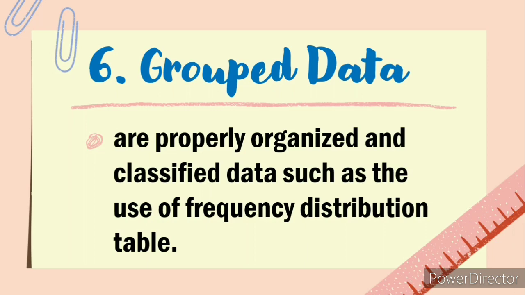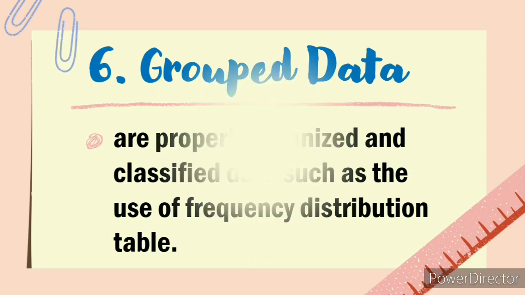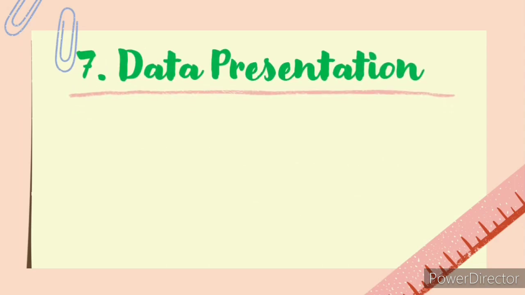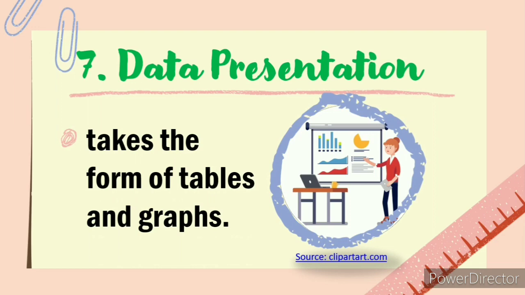Group data are properly organized and classified data such as the use of the frequency distribution table. Number 7 is data presentation. It takes the form of tables and graphs and also textual form.